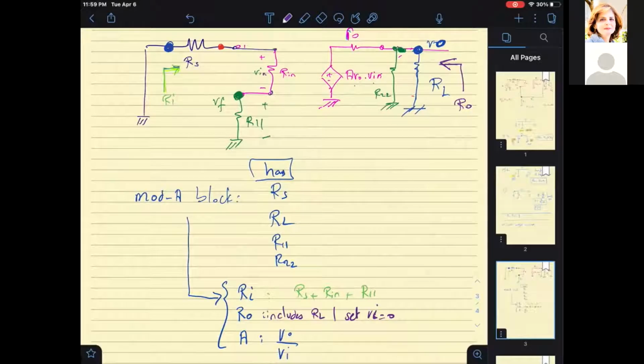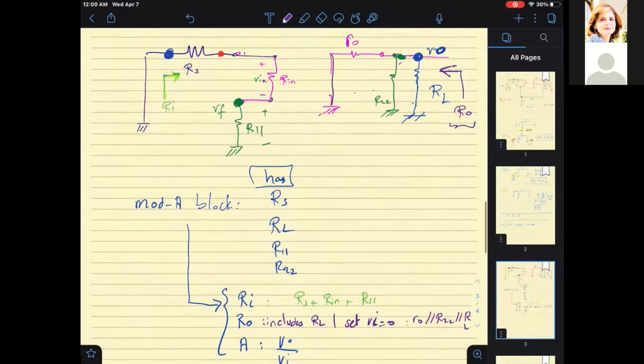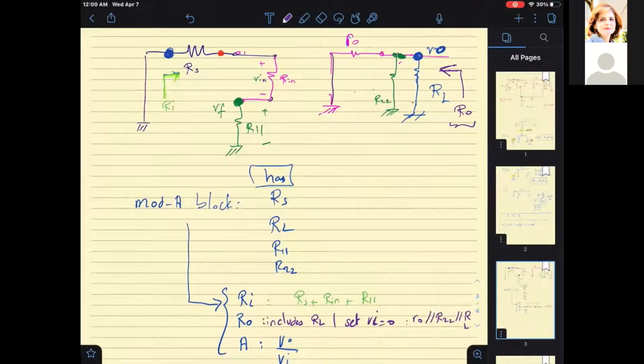This means that Avo times Vn will be 0, so this will be shorted, and therefore the resistance Ro is going to be equal to little ro parallel to R22 parallel to RL. So we found the two quantities of the resistance.